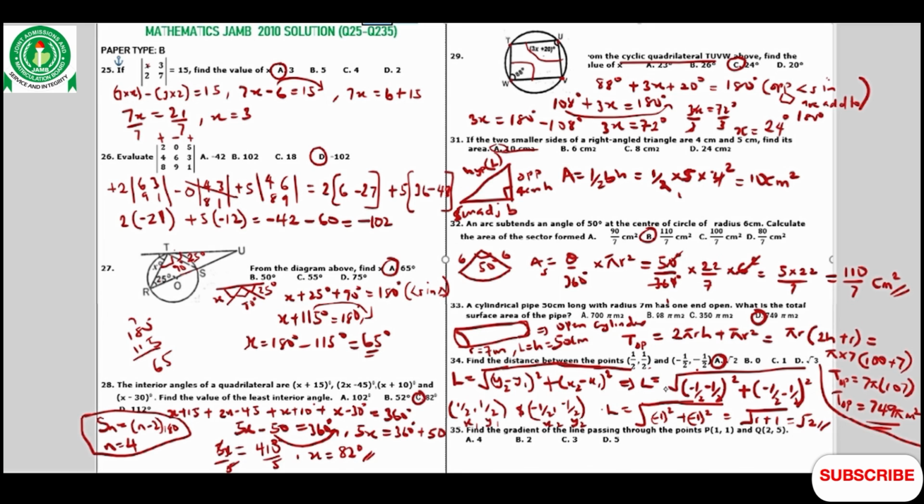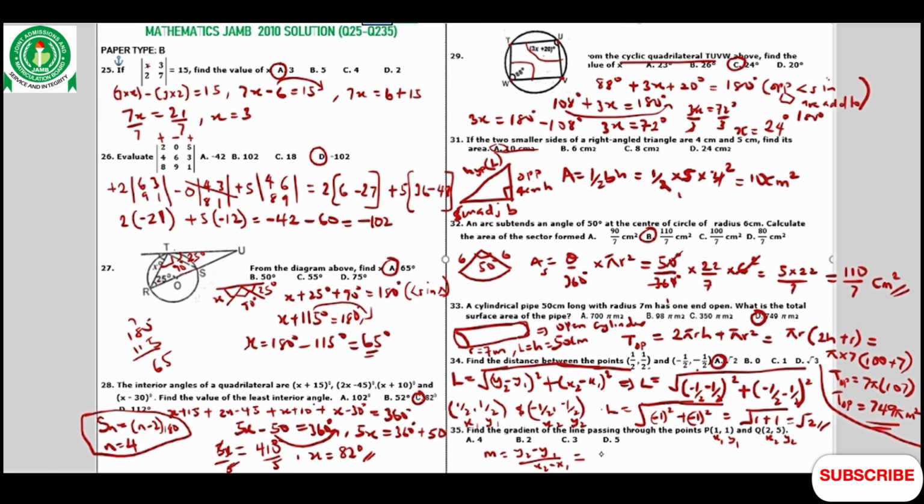The next one here is find the gradient of a line passing through the points. We have to calculate the gradient. This is x1, this is y1. This is x2, y2. So gradient is given as m equal to y2 minus y1 over x2 minus x1.